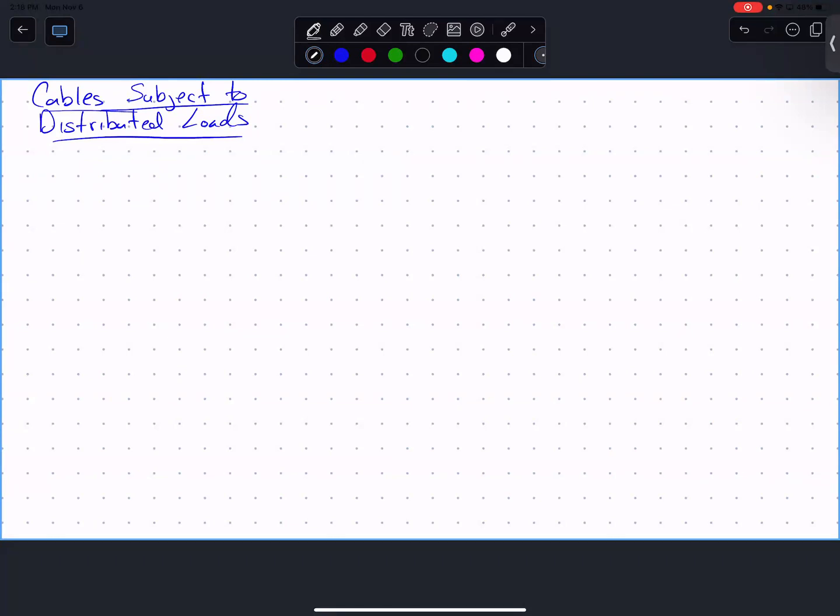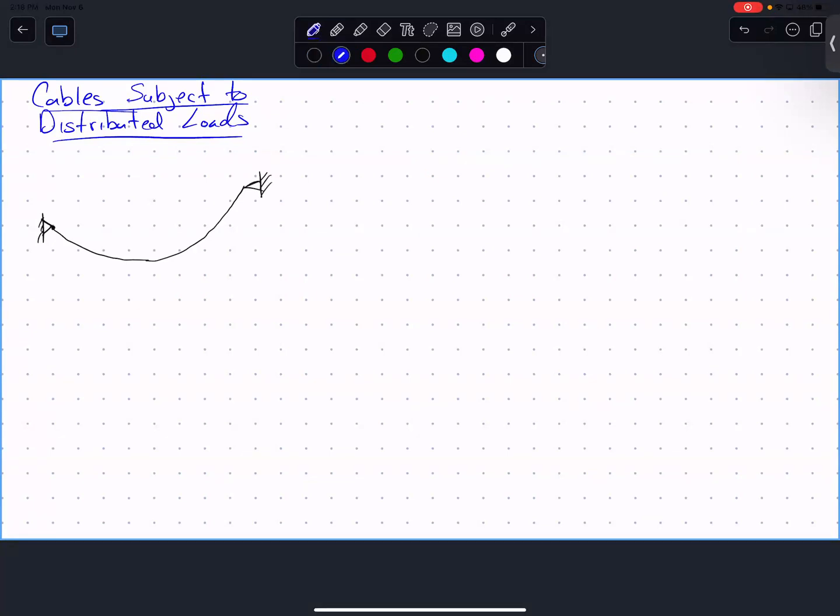Why don't we show a support over here, and then this is going to curve down, reach a 0 slope in there, and then let's curve back up, and we'll go to a support on the other side that has a higher elevation.